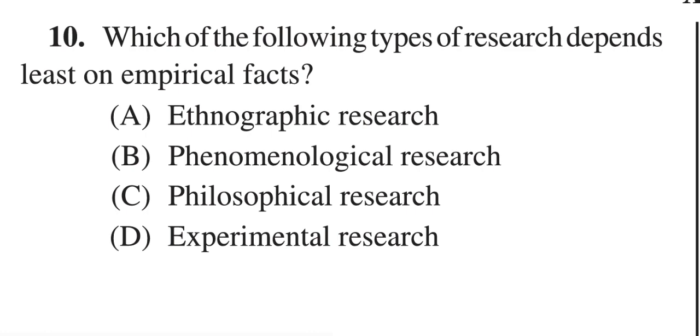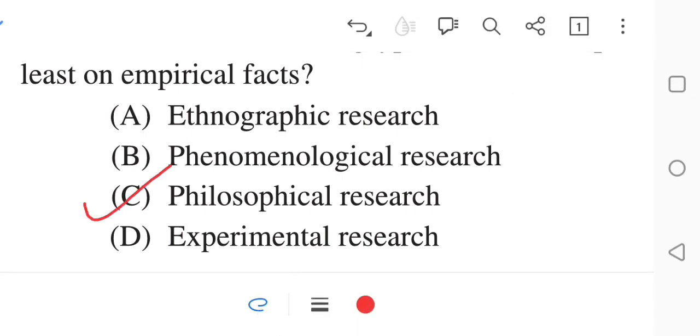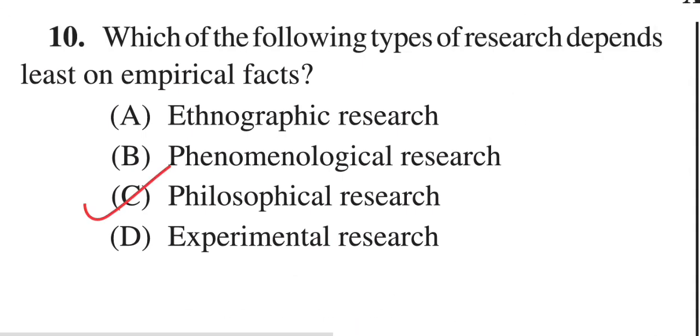These are pivotal to know more about research aptitude. So do your own research related to these options. Correct answer will be number C, that is philosophical research. So philosophical research is the research type that depends least on empirical facts. Empirical means, if I'm not wrong, practical or pragmatic.